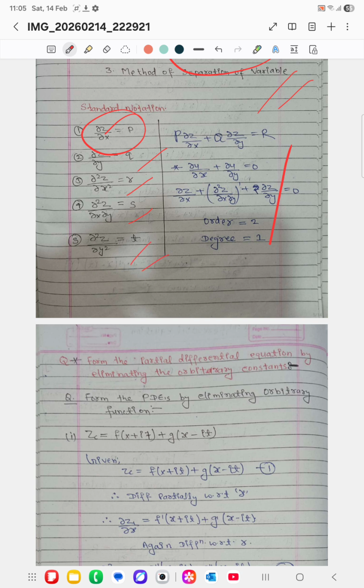Okay, so that is the standard format of Lagrange's equation.